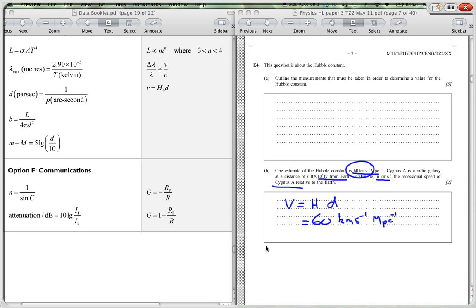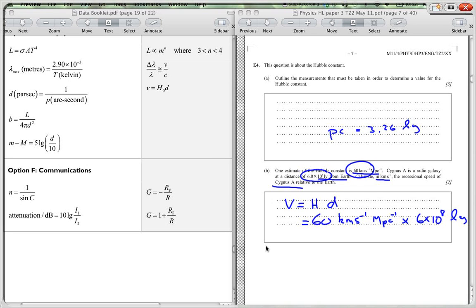per megaparsec. The distance is given in light years, so we're going to have times 6 times 10 to the 8 light years. To convert, 1 parsec is equal to 3.26 light years.